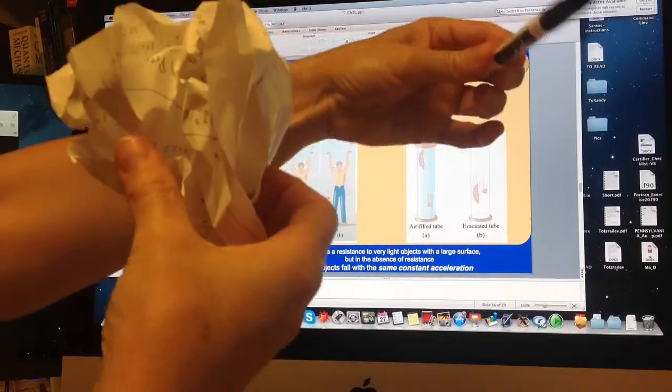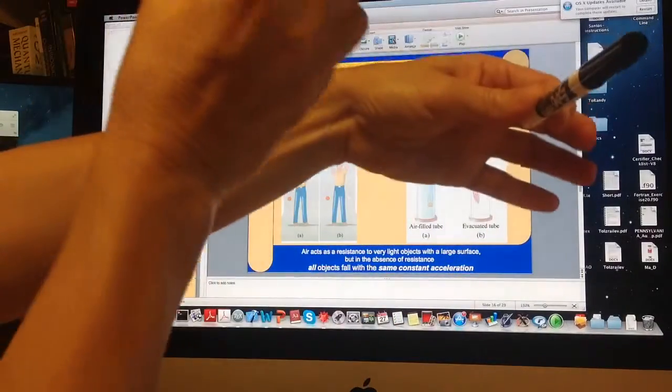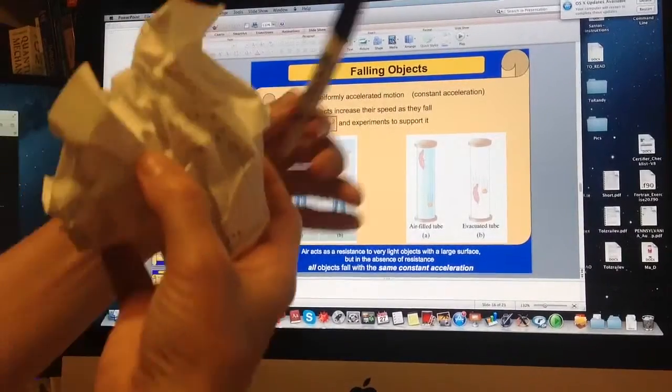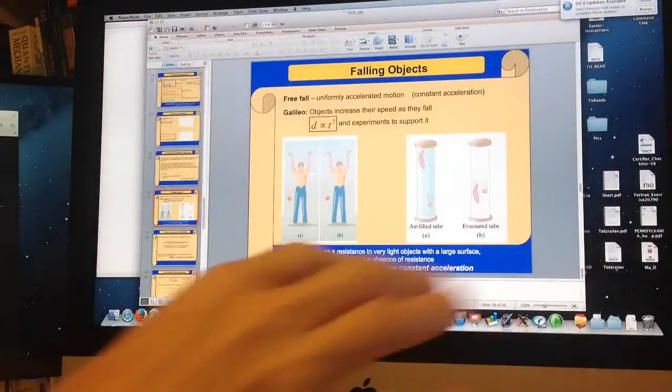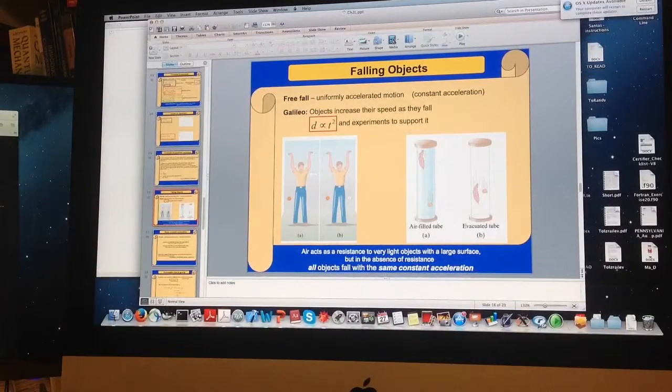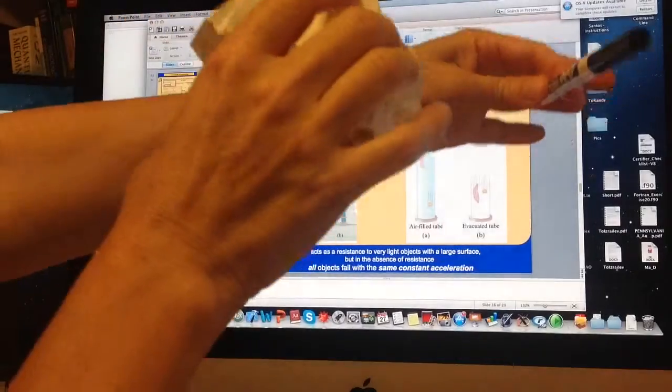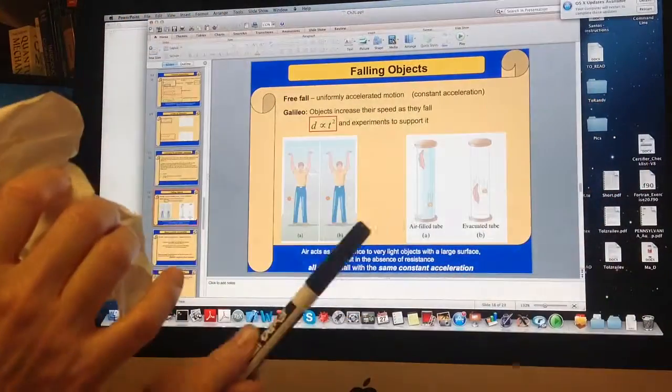And then the resistance of my pen and the resistance of this piece of paper start becoming very similar. Once we think like this, we can say, well, if I was able to remove all the air from this room, then for sure both will reach the floor exactly at the same time.